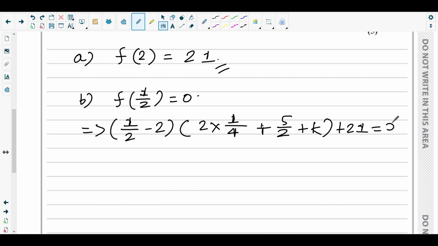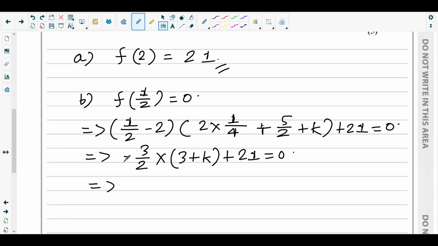This equals 0. So 1/2 minus 2 is negative 3 over 2, times (1/2 + 5/2), which is 3, plus k, plus 21 equals 0.